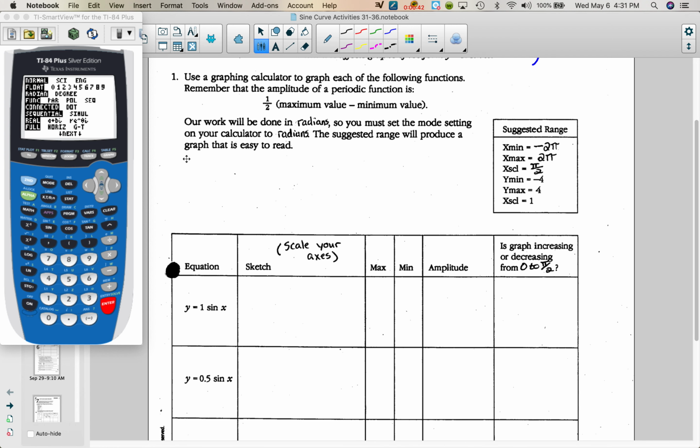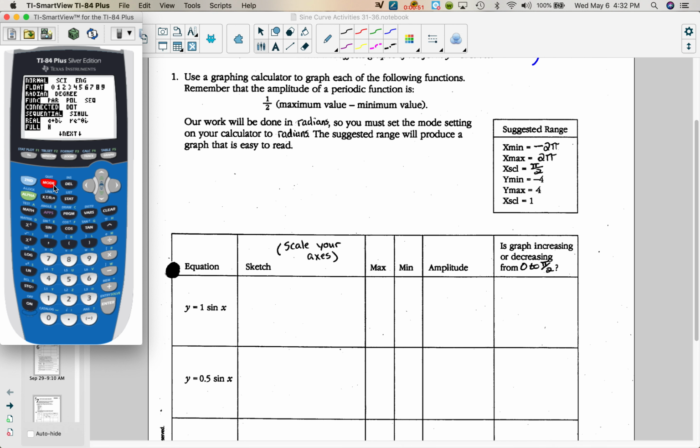First of all, in your graphing calculator, you must make sure you are in radians because we are working with radians. You do that by hitting mode. From this screen, go to mode and then go down and make sure you are in radians. Then you're going to adjust your window, and we want x min to be -2 pi.